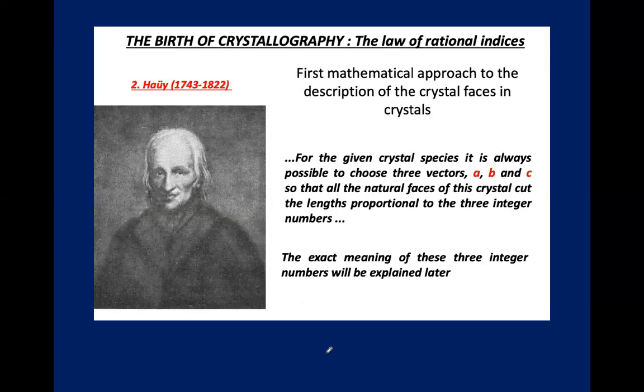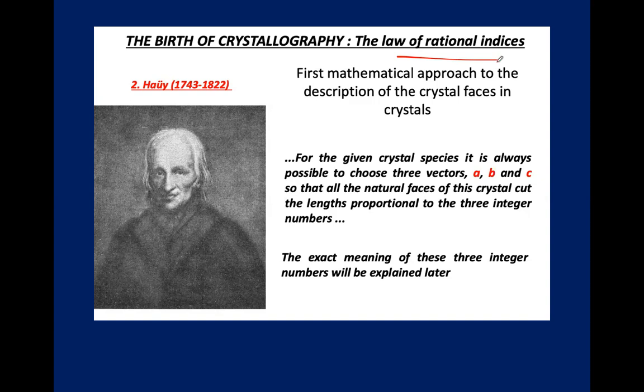And then there was another law discovered about 100 years later, called the law of rational indices. Actually, there are some indices that we are going to define a little while later.